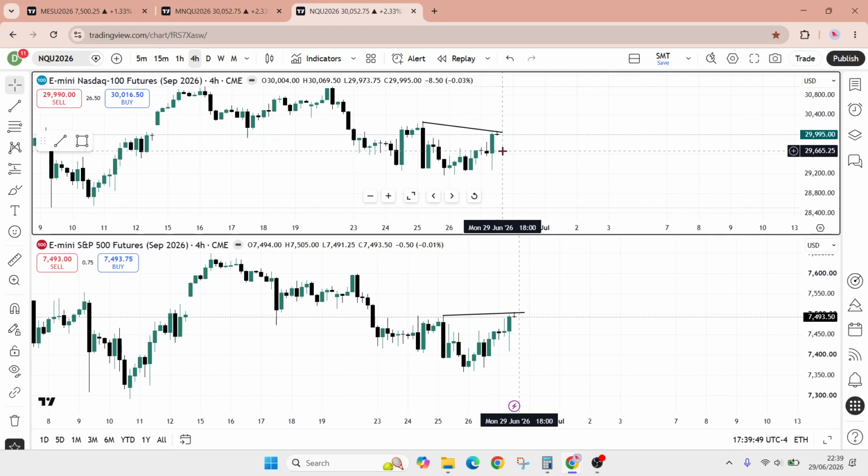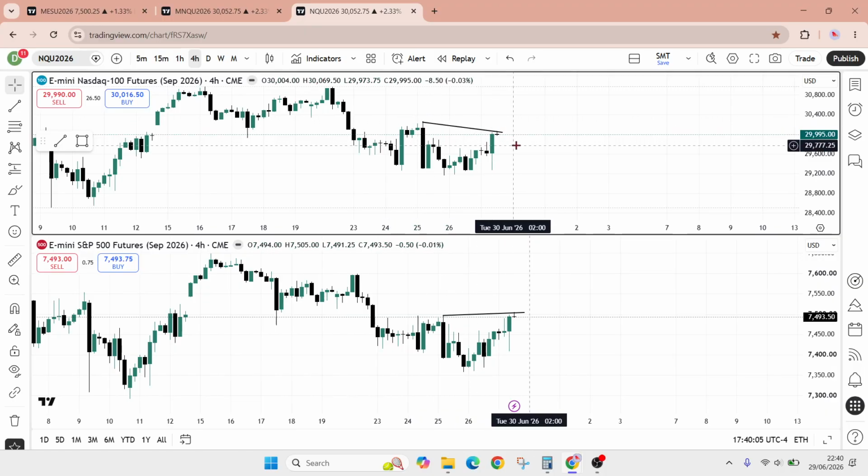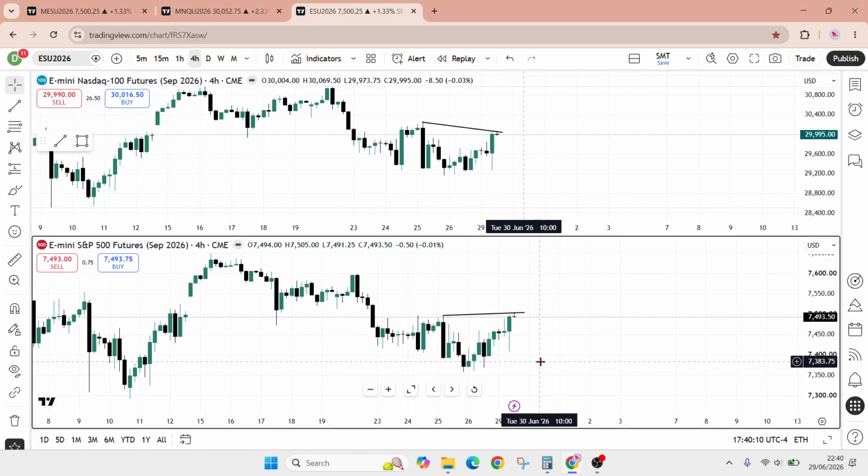Now, when those things don't happen and you got an SMT, there is a chance that it is the big money, the big banks and big funds putting big amounts of money, and you got these SMTs, we call it. And when it happens to the high, that is bearish. When it happens to the lows, it's bullish.